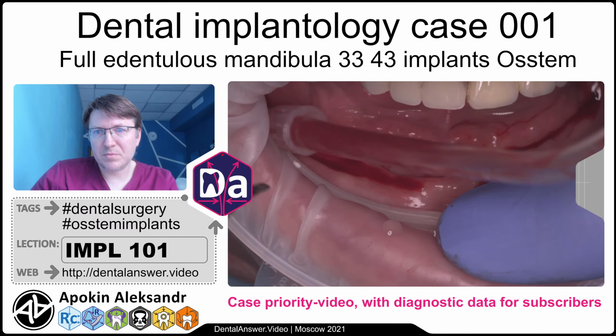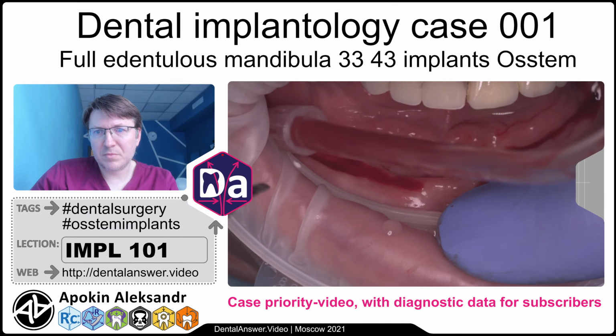It's very thin bone, but for the biological cost of this operation for my patient, I decided to make very small incisions to reduce the after-surgery problems with traumatic inflammation for this patient.